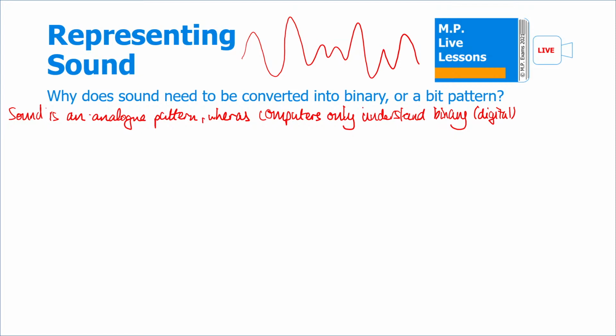So analog, you've got various levels in between, whereas digital, it's just one or the other. Now, by sampling, what we mean is we sample the sound, we measure its depth, for example, part of the wave.